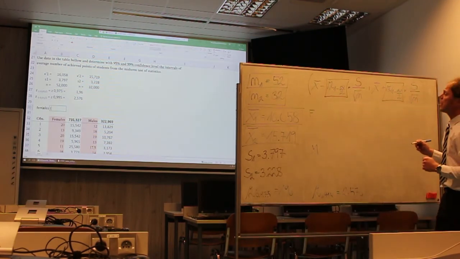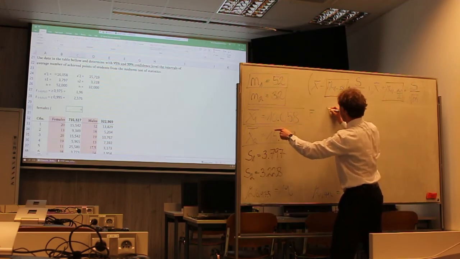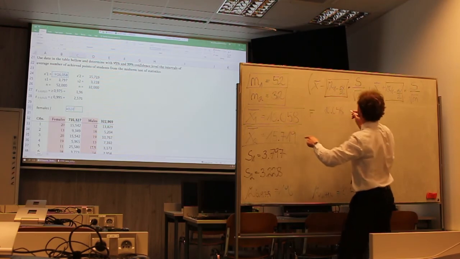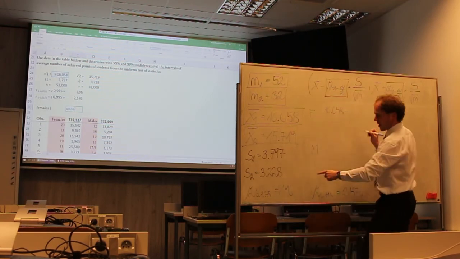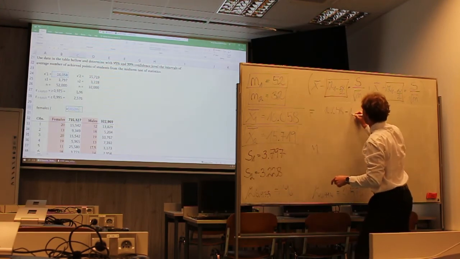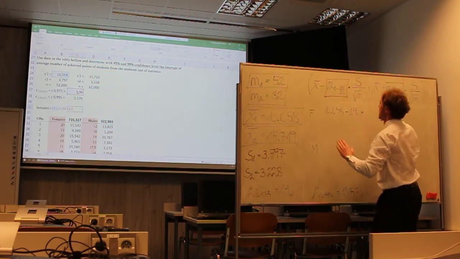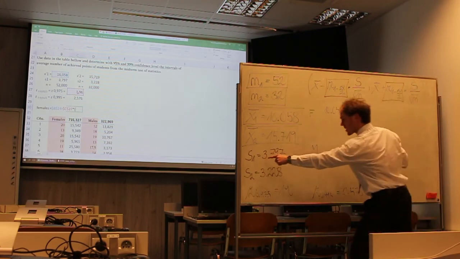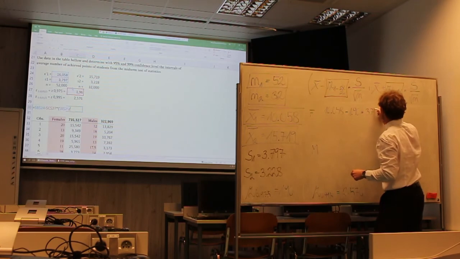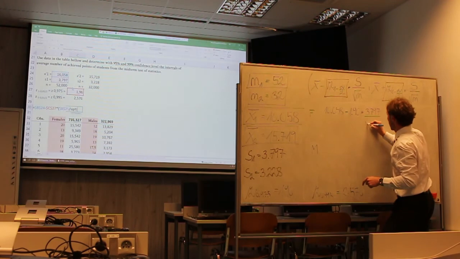The mean for females, 16.058, minus the 97.5% quantile, 1.96, times the standard deviation for females, 3.797, divided by the square root of n.